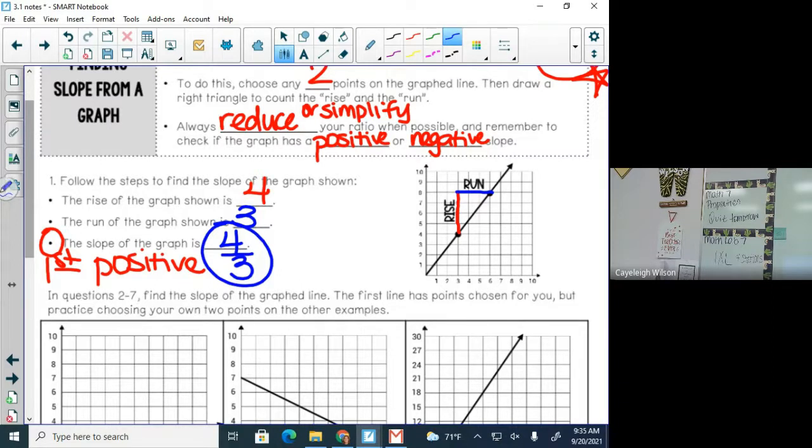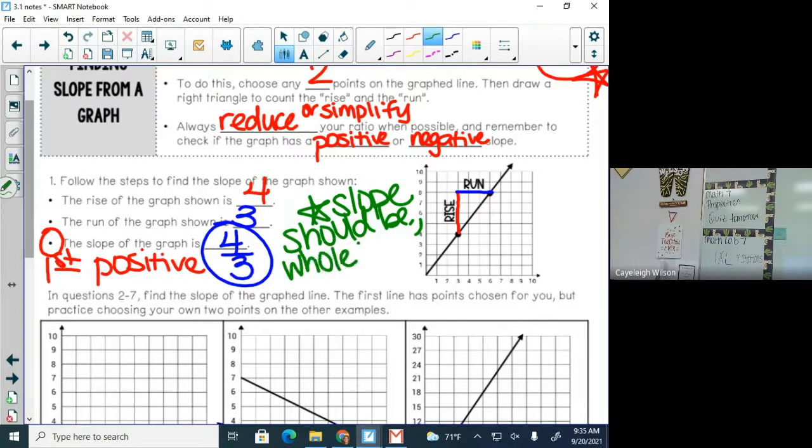Something that we're going to add on here as a note: slope should be a whole number or a proper or improper fraction. It should never be a decimal.